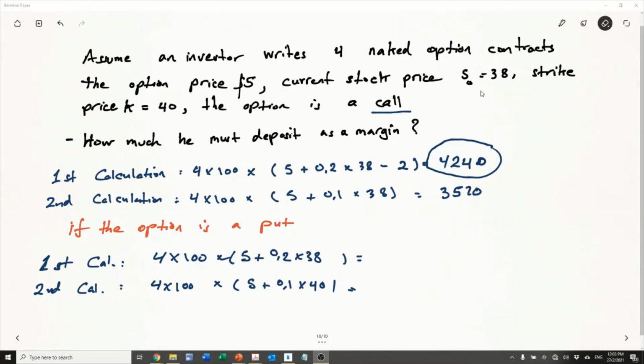And if the option is a put and S0 is less than K, then the option is in the money, it's not out of the money. So we will not deduct anything out of it. And this will give us, for the first calculation, 5,040.